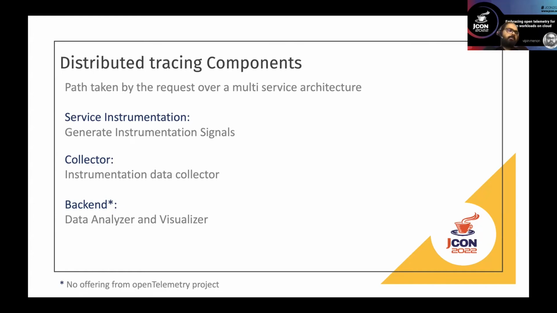As I said, distributed tracing is collecting data from a distributed environment where you have all the services running across different geographies or on different systems. The initial step is the generation of the data itself. So the first step for you would be to generate the data which is required to be collected.